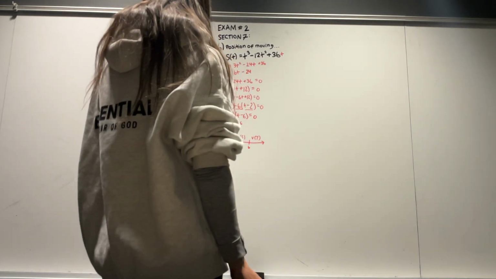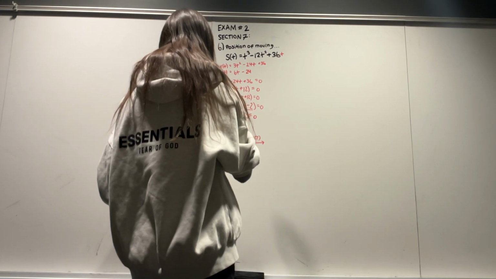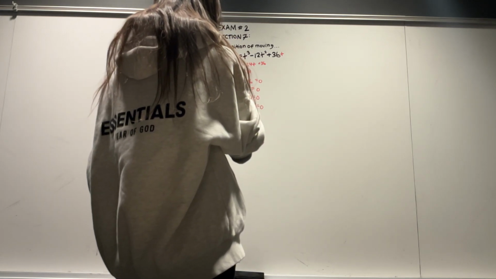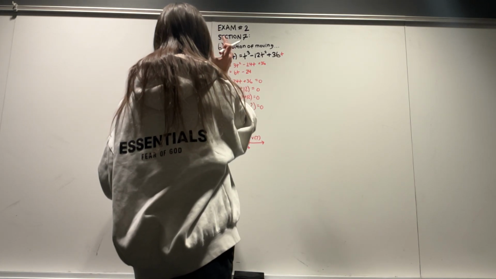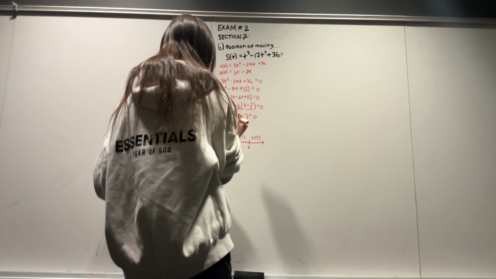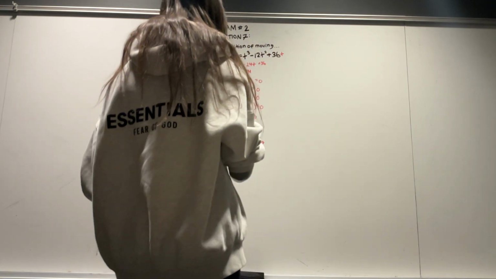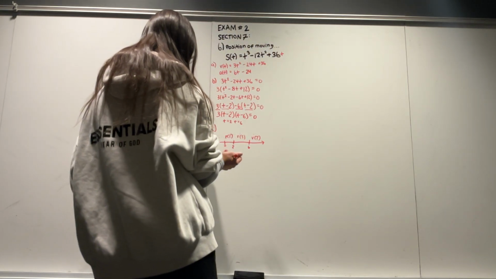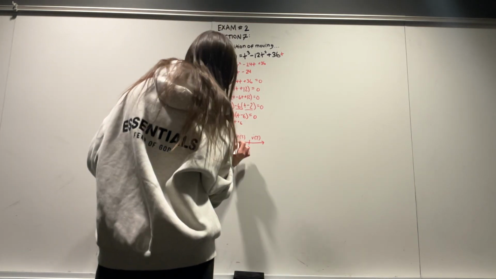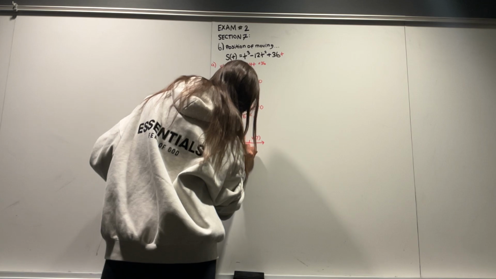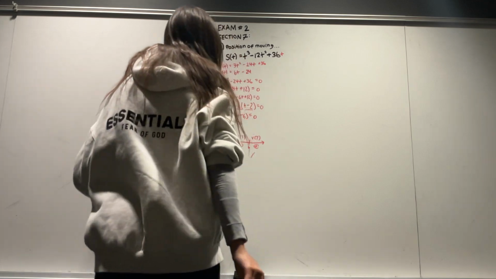Then you plug these values into the original velocity equation. If you plug in 1, 5, 7, you just see if it's negative or positive, and you get positive, negative, positive.